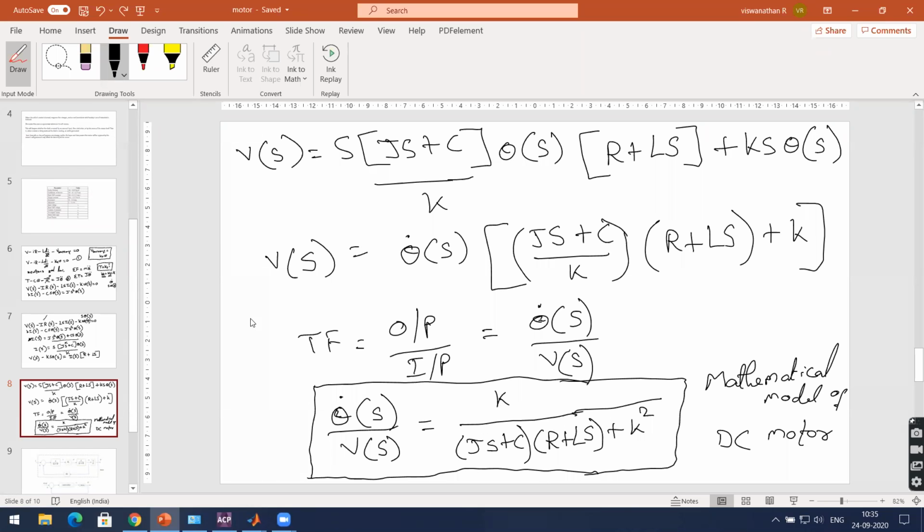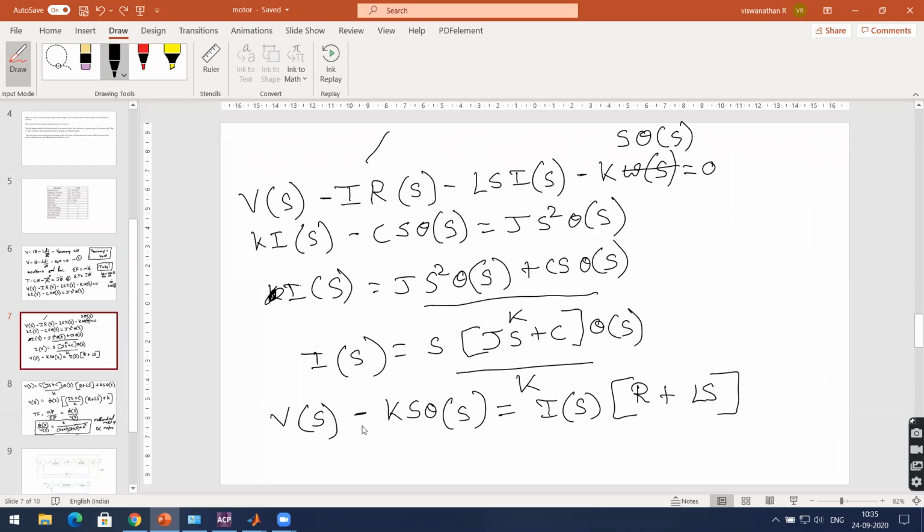Now, here in this equation, V of s minus Ks theta of s is equal to I of s into R plus Ls. So in this equation, what is I of s equal to?